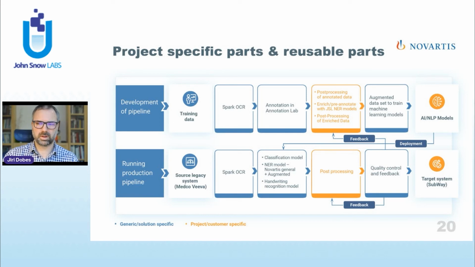If in the feedback process we recognize that the migration is not progressing as we wanted, we can adjust the models, and we can also adjust the post-processing rules. After a few iterations, we are able to migrate basically all the data to the target document management system.